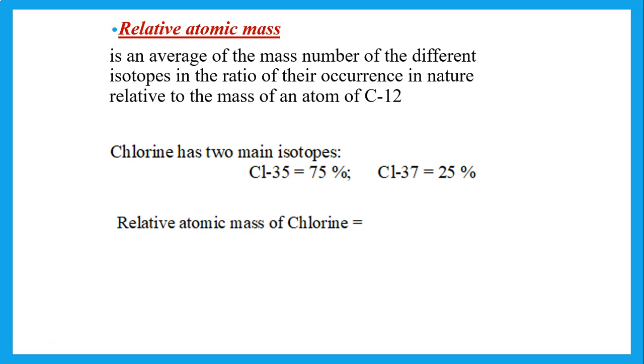Now, to get the average, we do the mass number of one times its abundance plus the mass number of the other times its abundance divided by 100. So the average atomic mass of a chlorine atom is 35.5, and that is what you have in your periodic table. So when you look at the periodic table, the mass number of chlorine is 35.5 because it is the average of the isotopes taking into account the occurrence of each of them in nature.